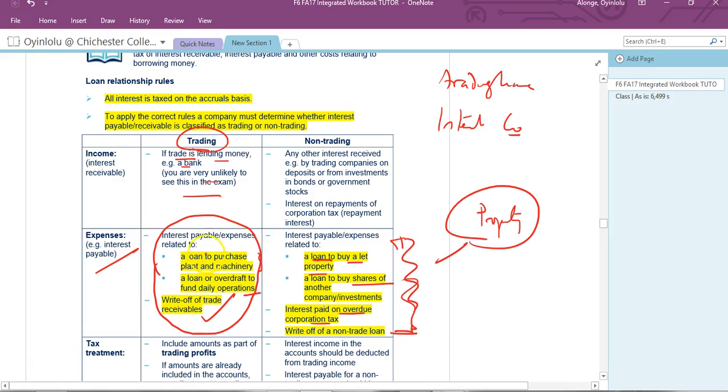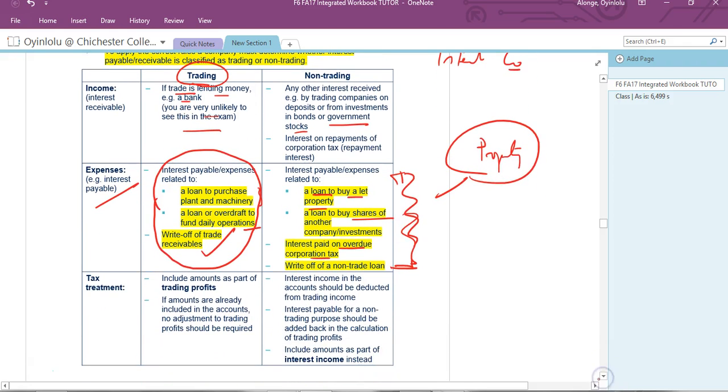So non-trading includes any other interest received, such as on government bonds that have nothing to do with your trade. It lines up quite nicely. Interest on repayments of corporation tax, we have that over there.